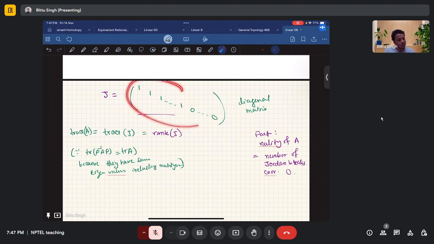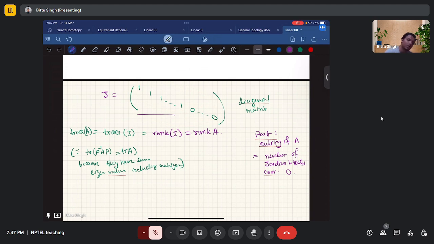It is also easy to see that rank of J is the same as rank of A. This is true because rank is invariant under P inverse AP; P inverse AP and A have the same rank because P is an invertible matrix.